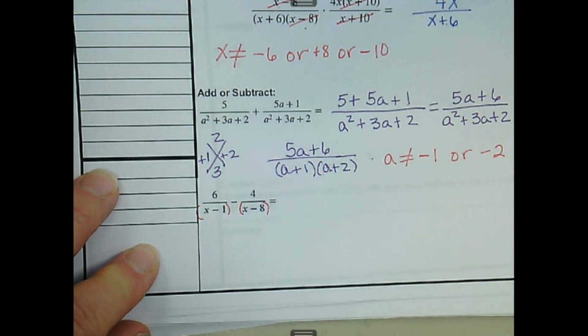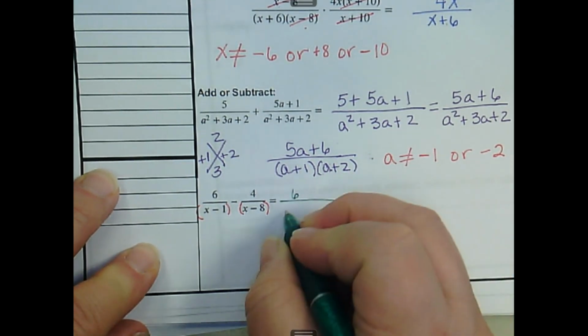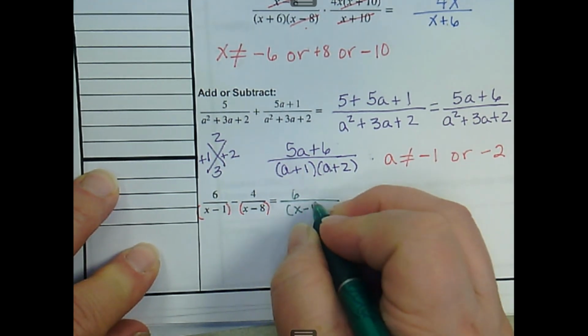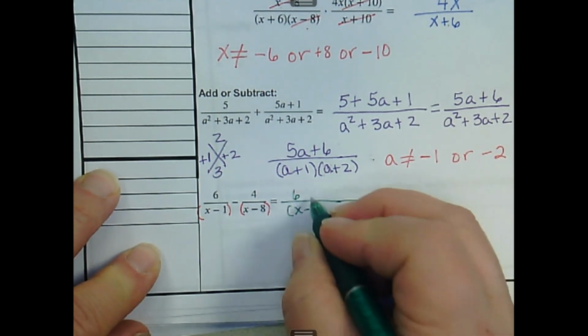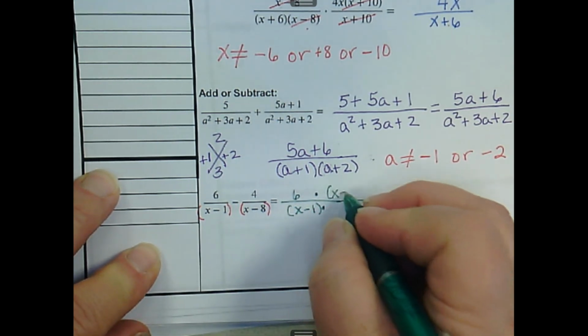So 6 over x minus 1. I'm going to multiply top and bottom by x minus 8.